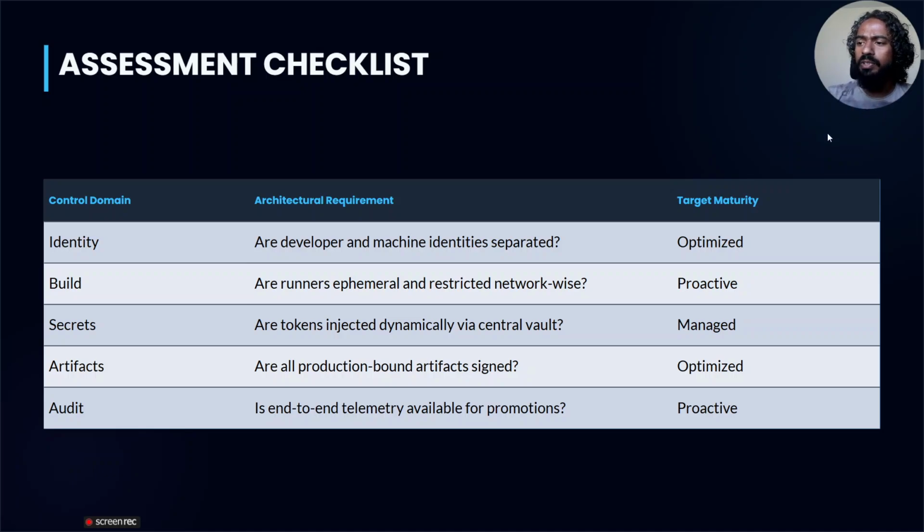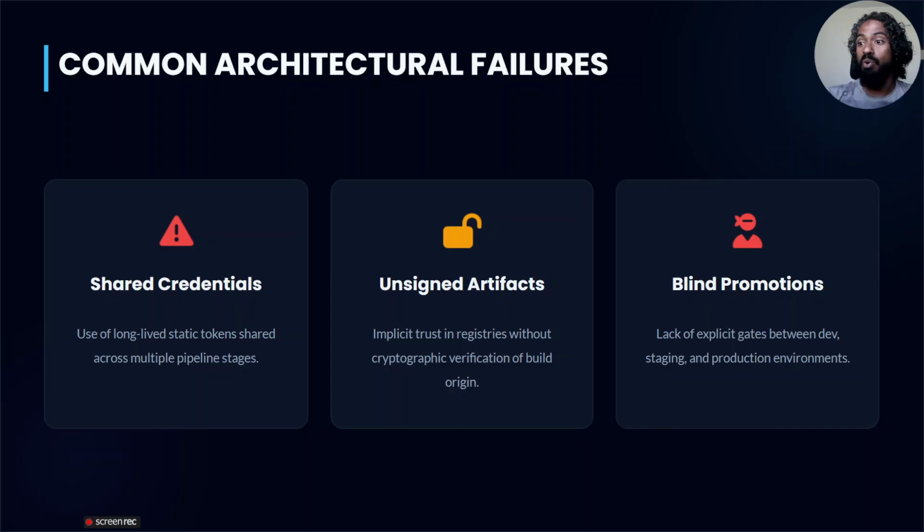And some of the common architectural pain points, as usual. Every real environment actually has these, right? Say for example, pipelines with admin access everywhere. Most of us would have seen this. Then secrets copied between jobs, that too on a temporary basis.